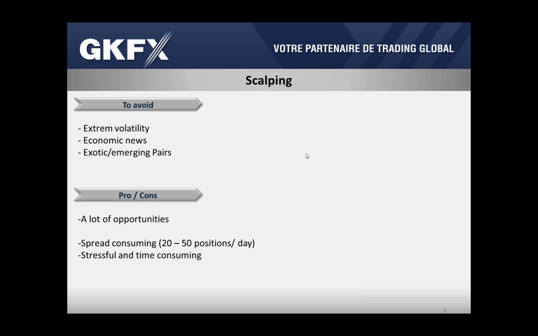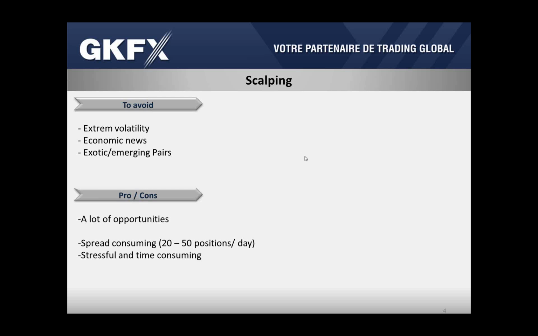Also, as it's high frequency trading, it's spread consuming. So for this reason, you had better avoid trading exotic and emerging pairs because of the spread, but also because of the volatility. You know that exotics and emergings are very volatile.